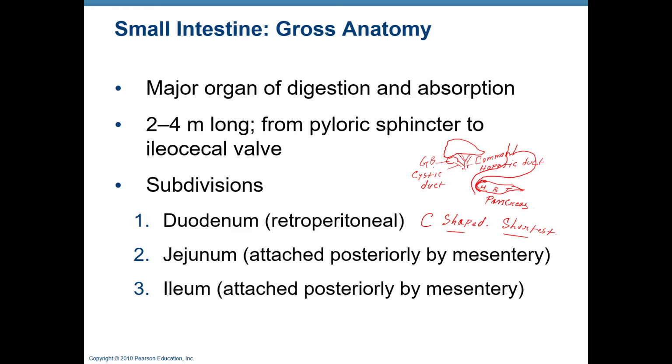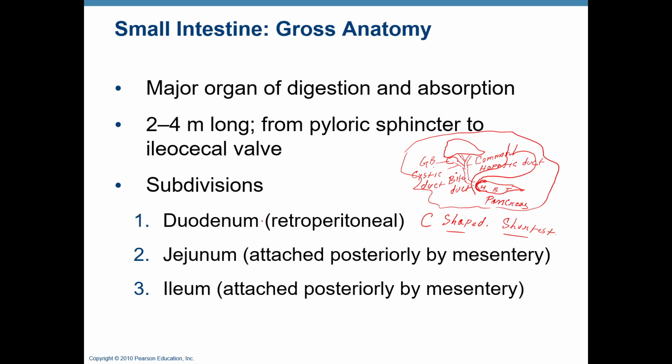Then common hepatic duct and cystic duct join together to form the bile duct, and that enters into the duodenum. Okay, so this is the bile duct. We'll talk about this. Just this is how the bile enters into the duodenum. So we'll talk about it later.